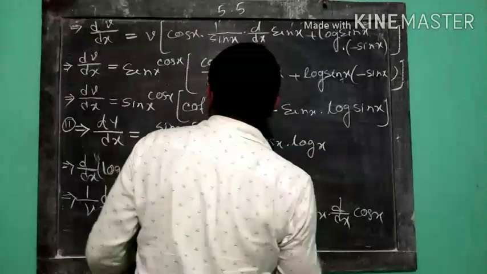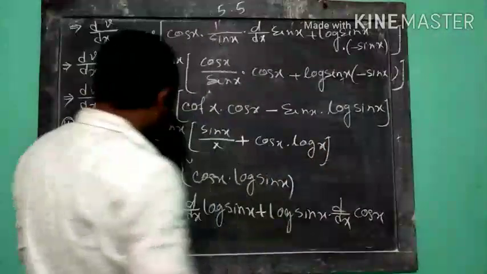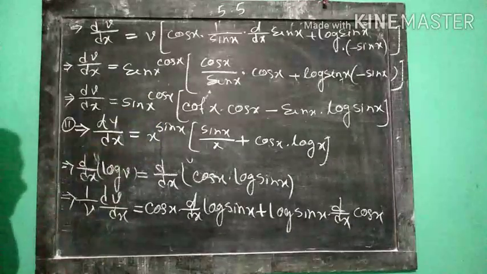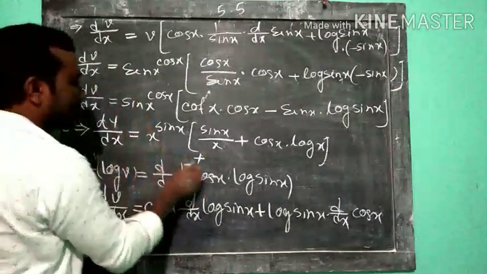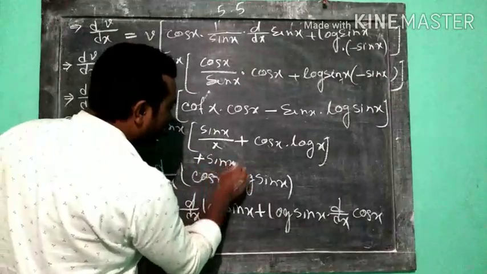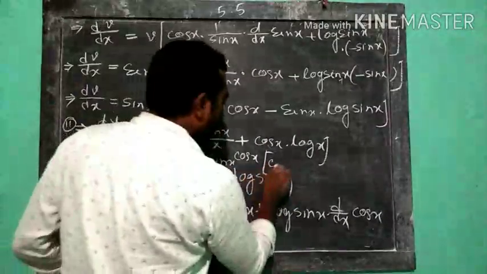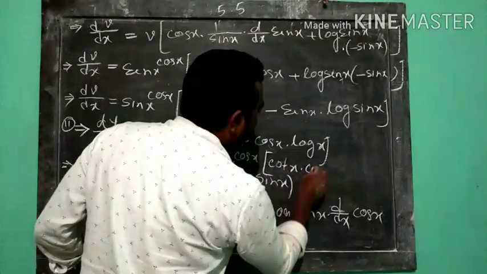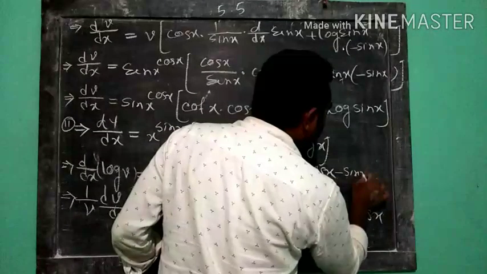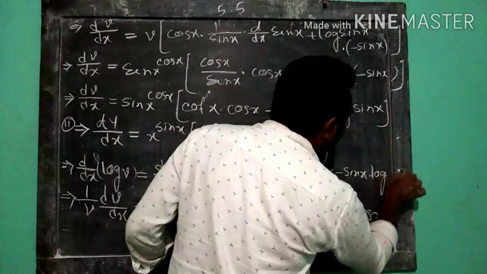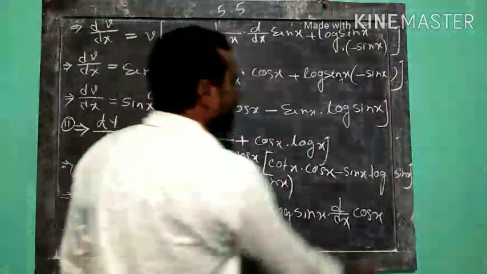This is the value of du/dx, plus v. What is v? v is this one. Sin x to the power cos x whole into cot x into cos x minus sin x into log of sin x. This is the final answer.